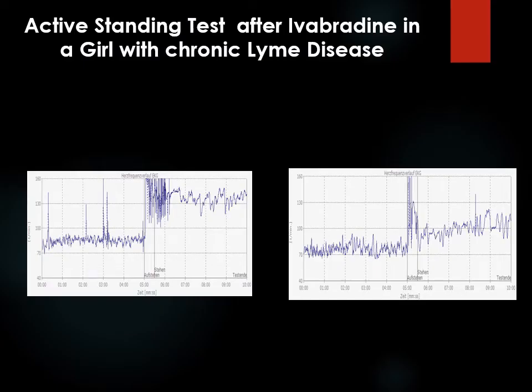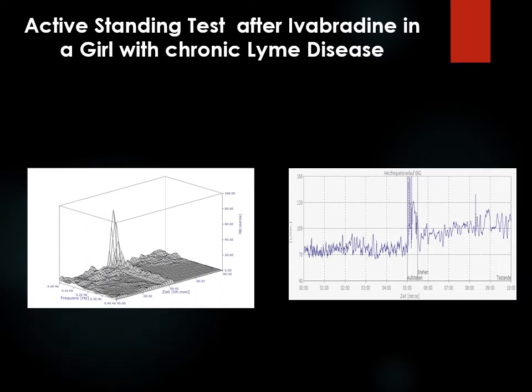In the next slide, there's the active standing test of a girl who received ivabradine, of course, with chronic Lyme disease. She didn't go to school for more than 3 months, and that's the reason why we used that therapy that clearly improved the heart rate increase in the active standing test.